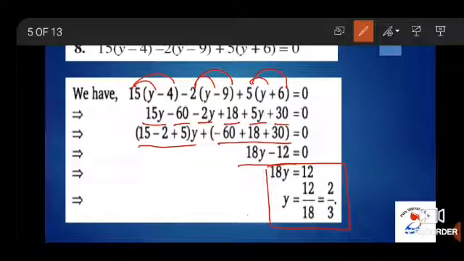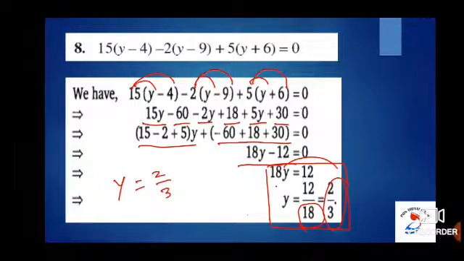So the value for y will be y is equal to 12 by 18, because this 18 is in multiplication on one side. If it is being transferred to the other side, it will come down to the denominator. So the value for y is 12 by 18. On solving this or reducing to the lowest term, you will get the value for y as 2 by 3. So to conclude, the solution for this problem is y is equal to 2 by 3.